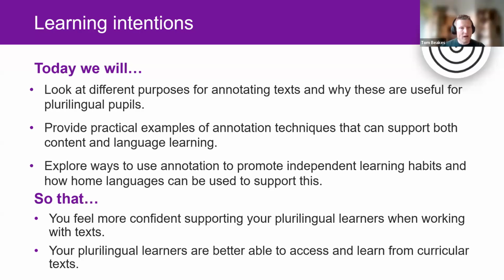I think one of the beautiful things about annotating texts is that it is actually a really flexible and very broad-ranging set of techniques that we can use with different age groups and different language proficiencies. And hopefully that will allow our plurilingual learners of English to better access and learn from the kinds of curricular texts that they encounter while they are learning with us.